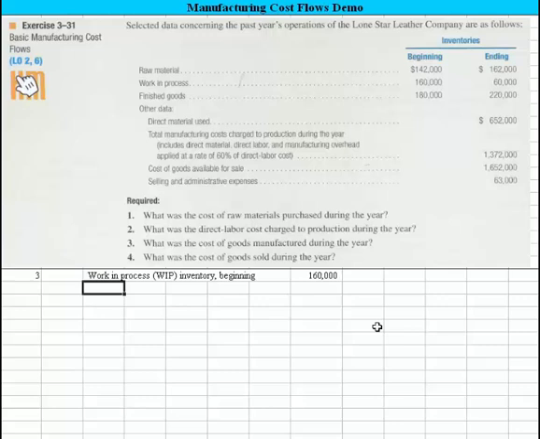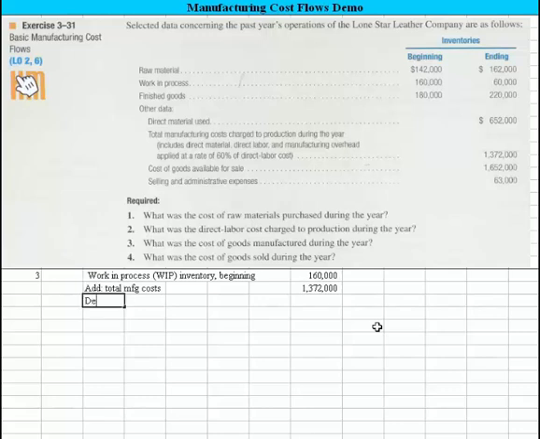Now, then we have to add in total manufacturing costs, right? And the total manufacturing costs were already given to us above, 1,372,000. That gives us the total cost to account for.